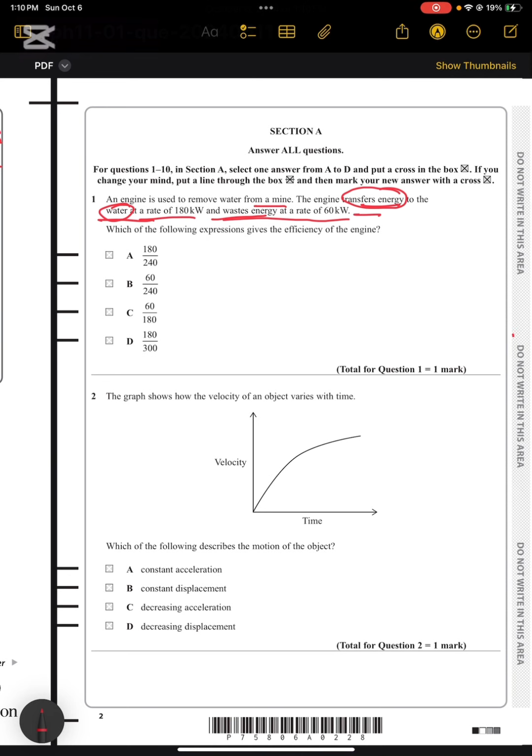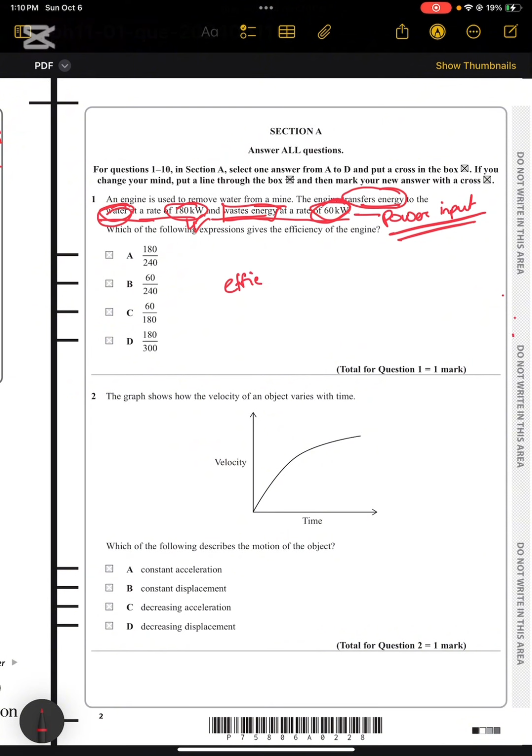This is our power input overall, 180 and 60, and our power output is only 180 because this 60 goes in vain as it is the waste energy.